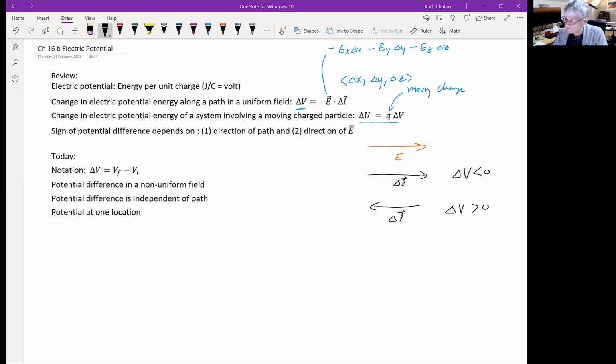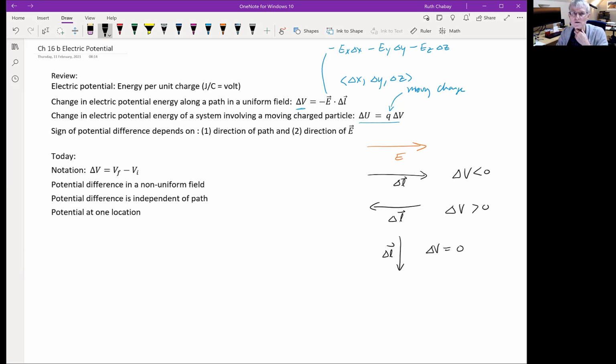If delta L was perpendicular to E, then the potential difference was 0, and if it's at some angle, you have to work it out. In cases like this, delta means final minus initial.